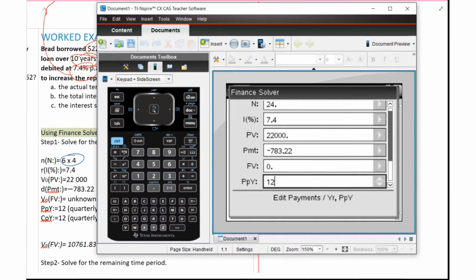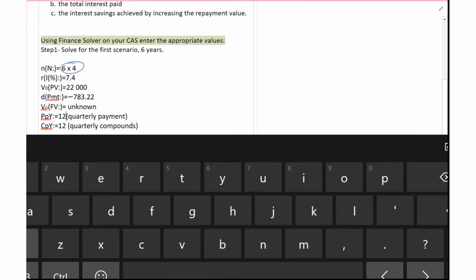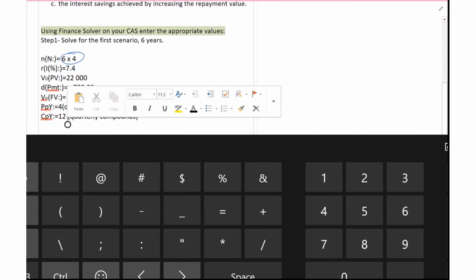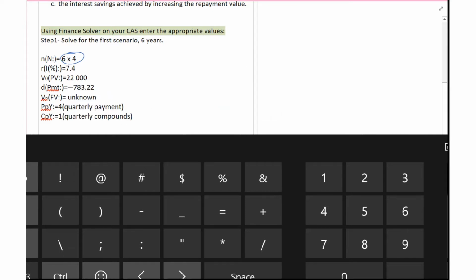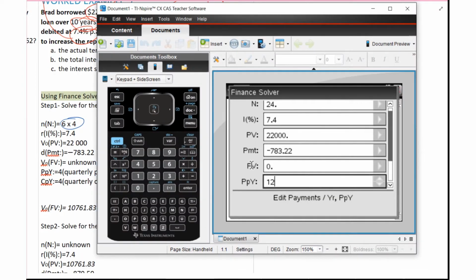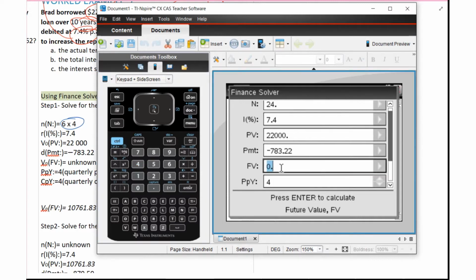My payments per year, and this is where I have to blame Mr. Anessis because he wrote these ones, we'd put in is 4. Quarterly is 4, not 12. Just want to fix that up there. That's going to be 4 because it's 4 payments per year. And I want to go back to FV because that's what I want to get.